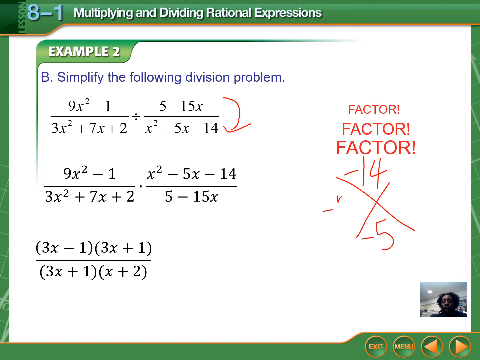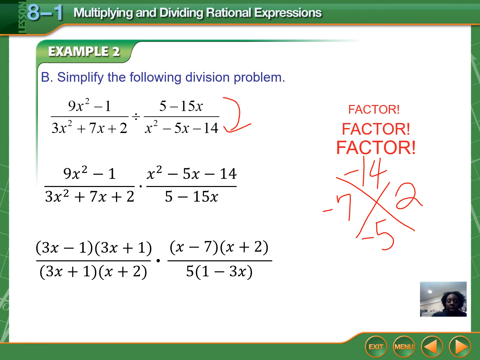So I'm hoping you guys thought about negative 7 and a positive 2, because that's what I'm thinking. So we have that. So let's go ahead and just drop that in. We don't have to group that one because its coefficient is 1. Okay, so we have that, and then the only thing they share is a 5.